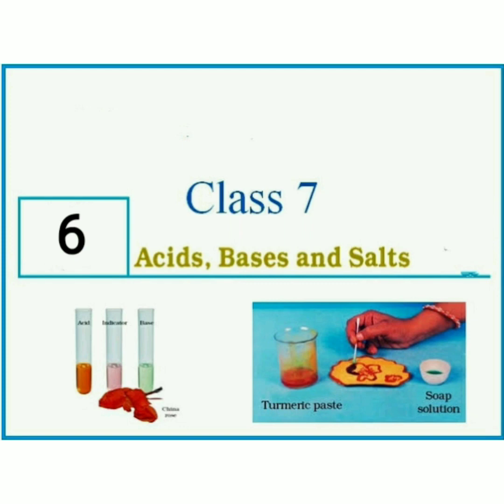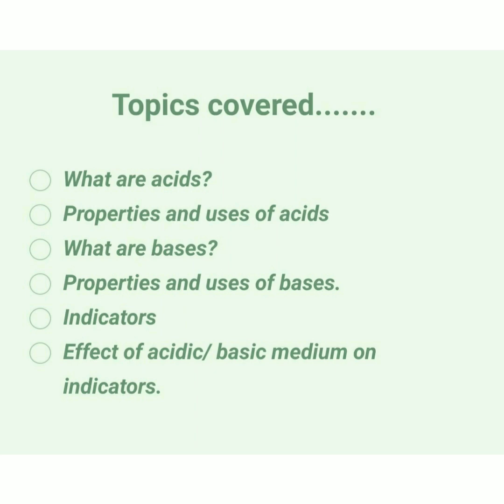Well, this is the sixth session of chapter number 6, that is acids, bases and salts. Till now in this chapter we have discussed what are acids, properties and uses of acids, what are bases, properties and uses of bases, indicators, and the effect of acidic or basic medium on indicators.